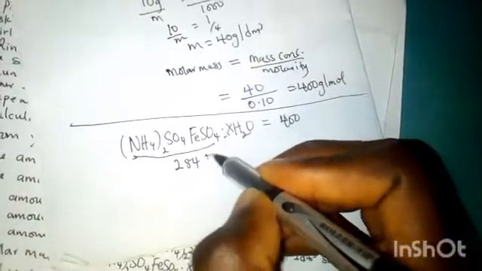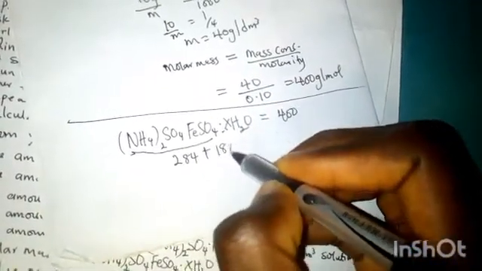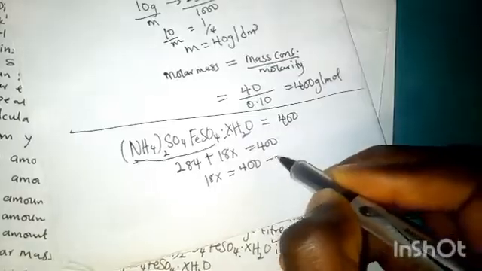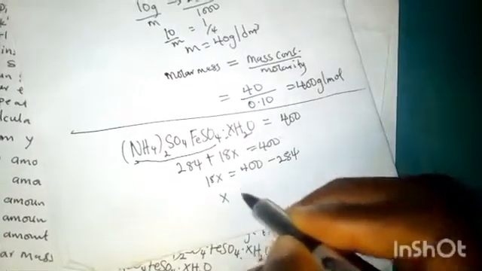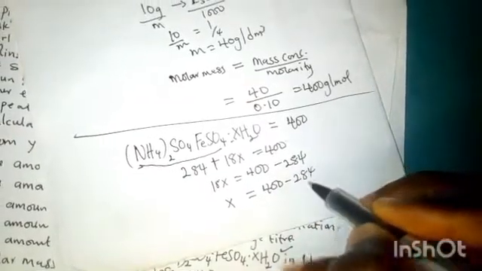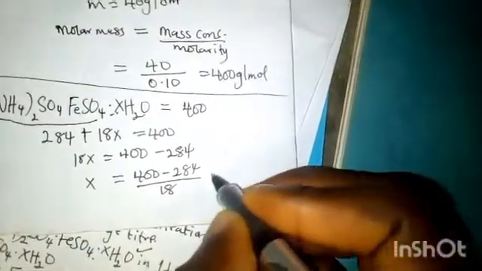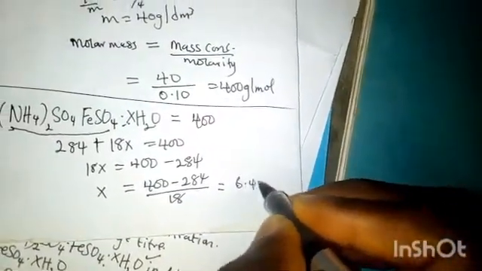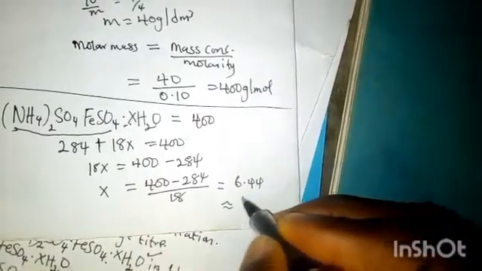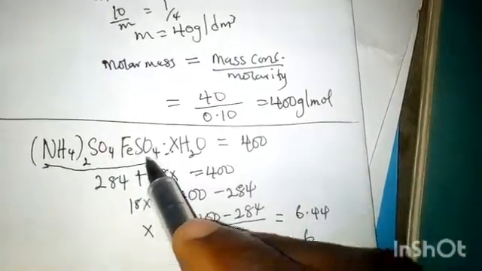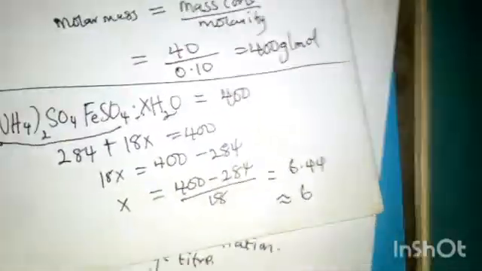So this would be plus 18x equals 400. Which means 18x would be 400 minus 284. So x will be 400 minus 284 over 18. So let's check it out. So x actually gives me 6.44, so that is going to be 6. So which means the salt is (NH4)2SO4.FeSO4.6H2O, the way it would be.